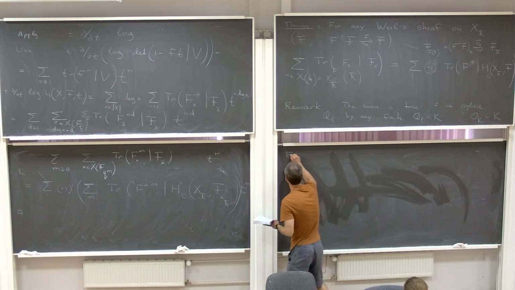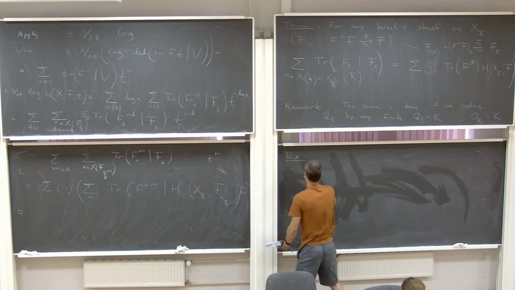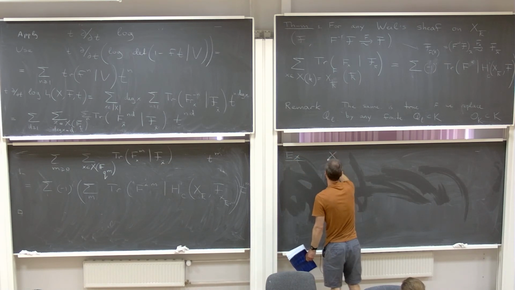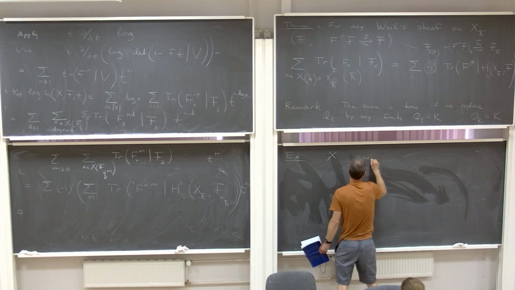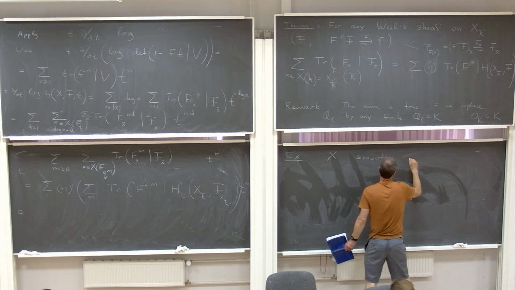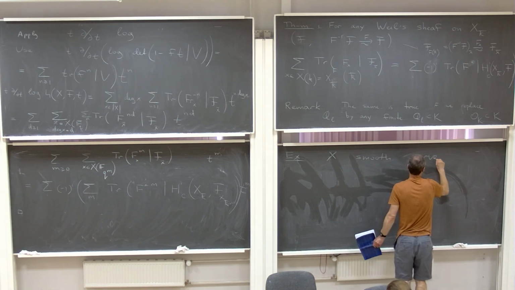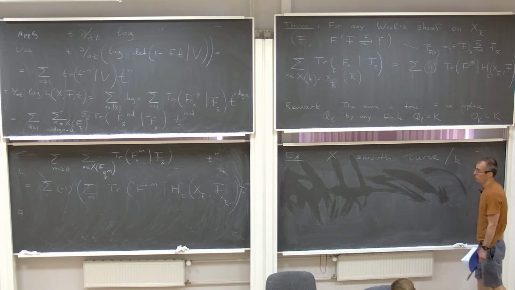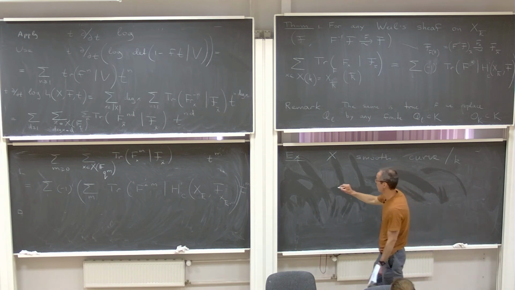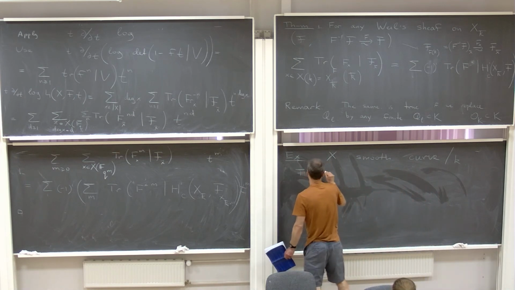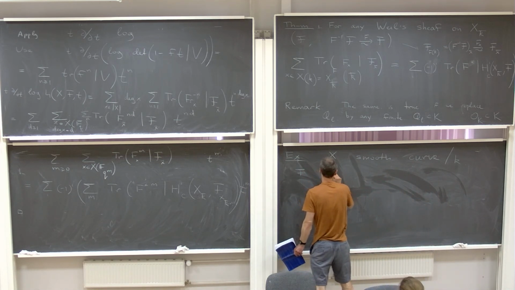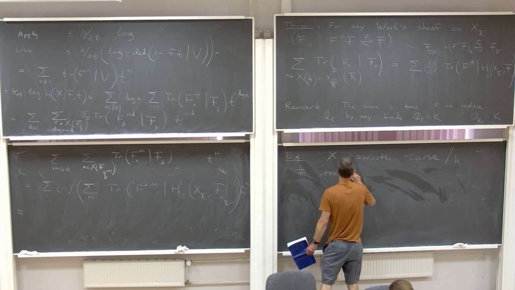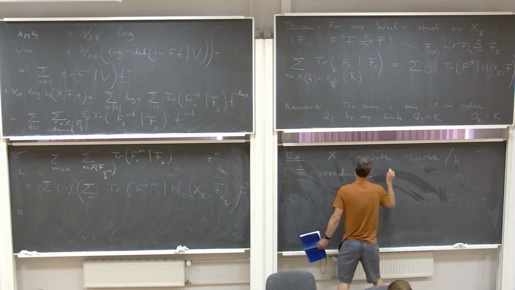So let's say an example. Let's take for x a smooth curve over k, not necessarily proper, and f an irreducible local system.